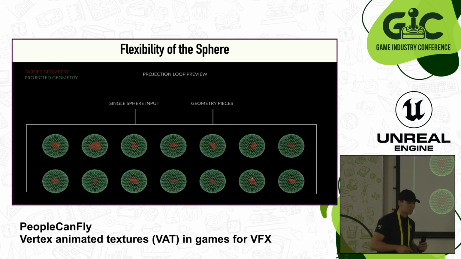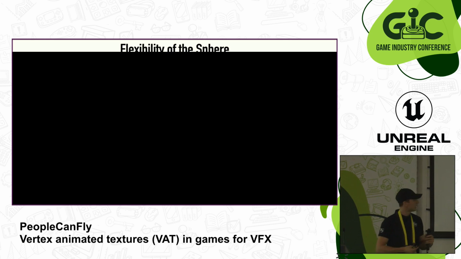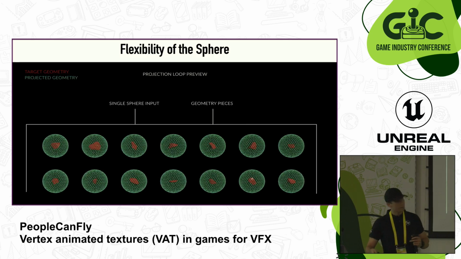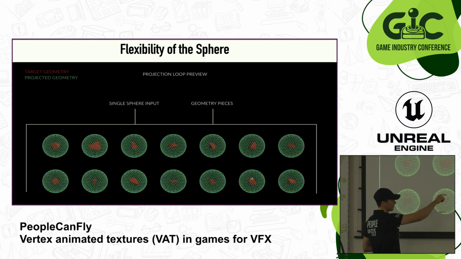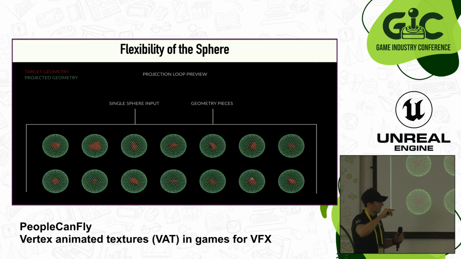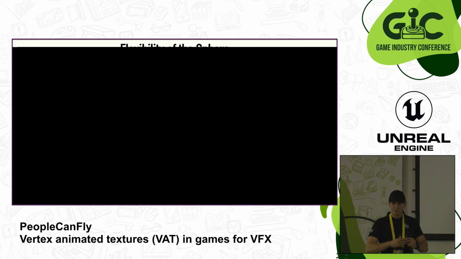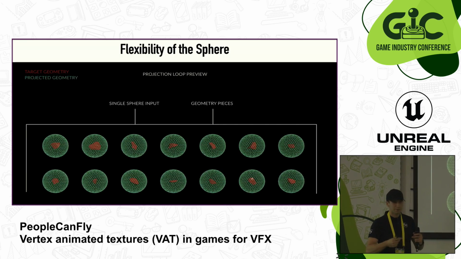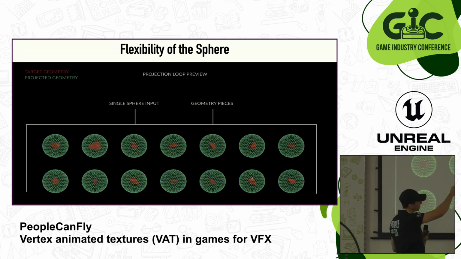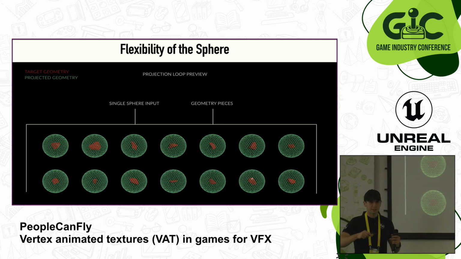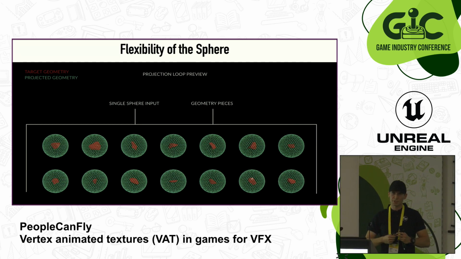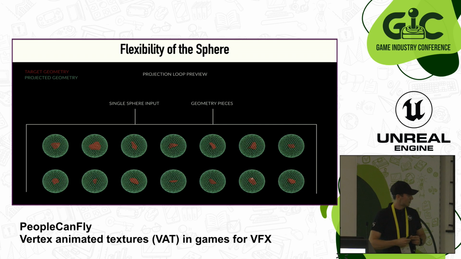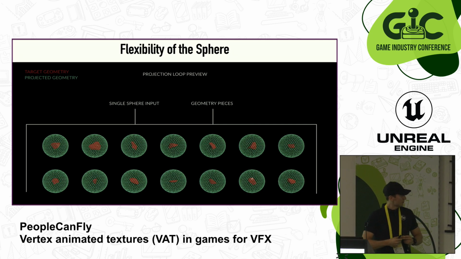So when you fracture a mesh into 10 pieces, each piece will be represented by this single fragment, and we iterate on this fractured object. We iterate on every piece, and inside this loop we're using just a single sphere input that is projected on the target piece that is currently in the iteration. So yeah, that's how it works.